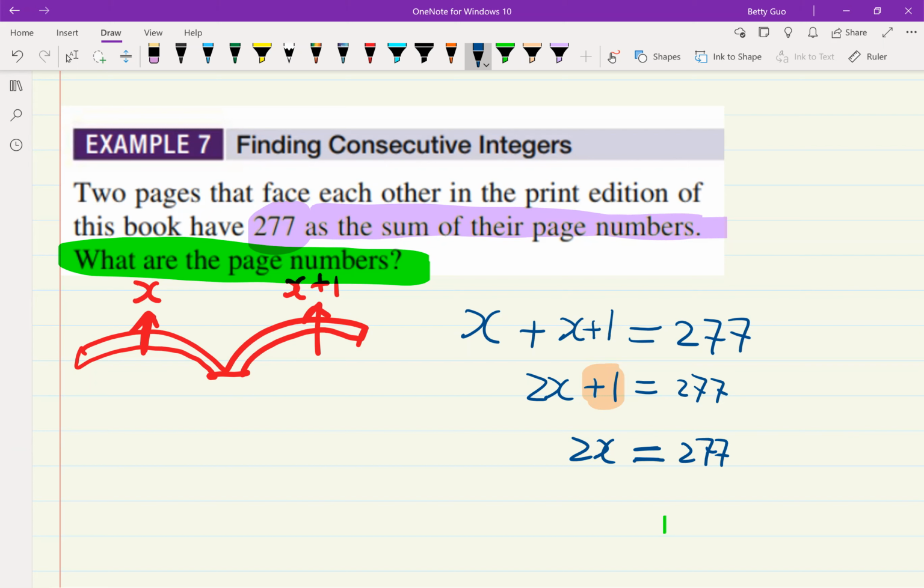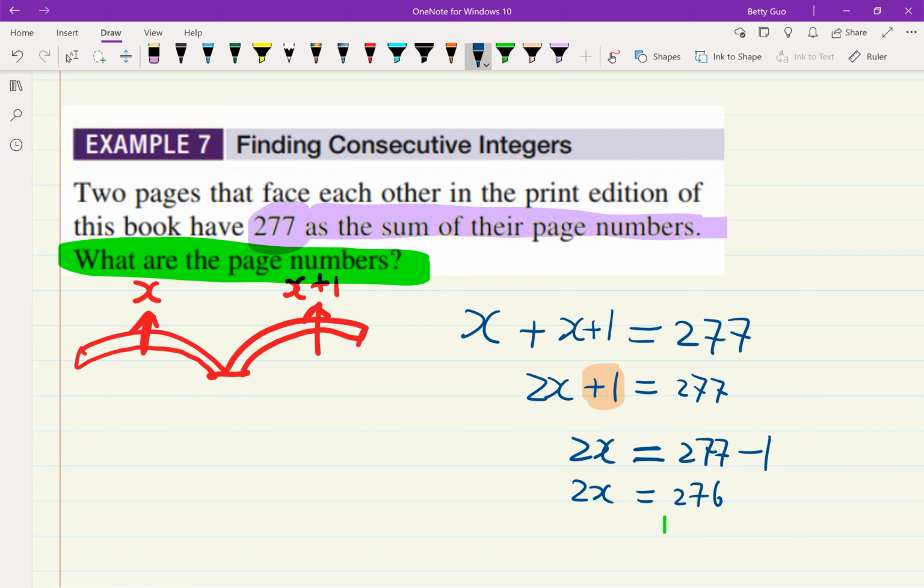So are you going to have a positive 1 on the right or a negative 1 on the right? Remember, when you move a term from one side to the other side, you have to change the sign to the opposite. So negative 1, do you see that? Yeah, very good. So what is 277 minus 1?